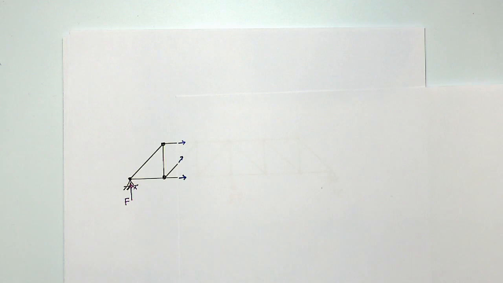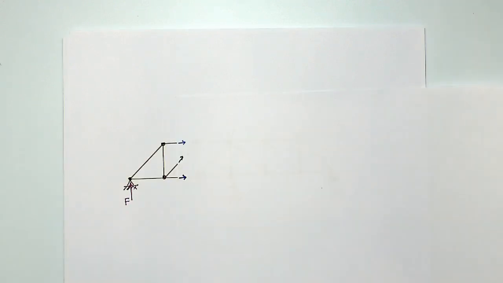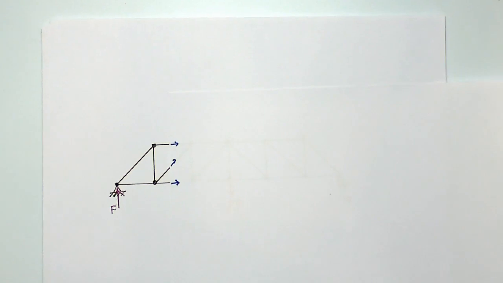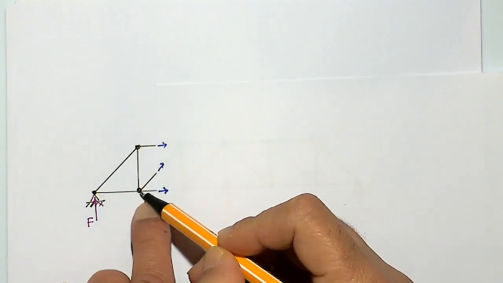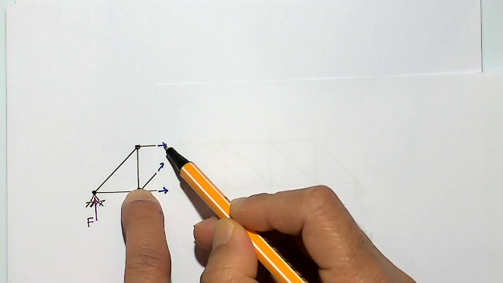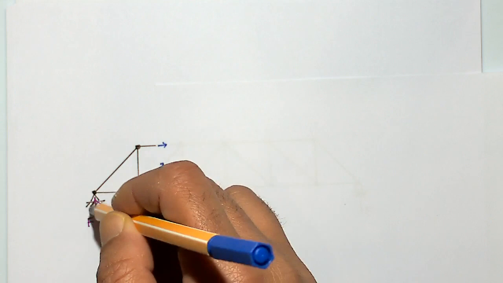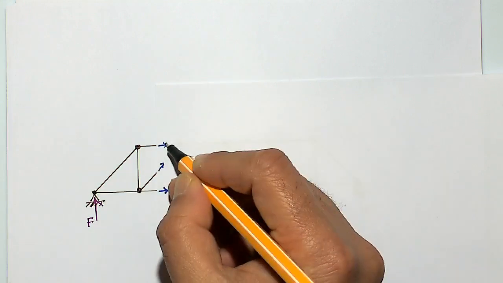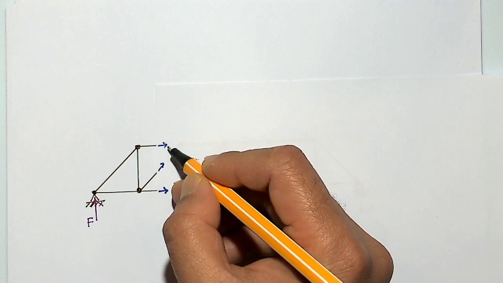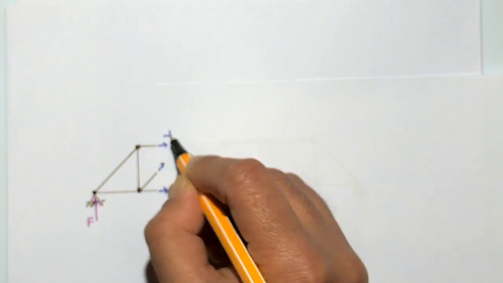Now, if these angles are 45 degrees, I mean this distance is equal to the top one, what do you think the forces would be from the top and the bottom? So if I take moment about this point, then this force times that distance would be same as this F times this. So what would be this force, you think? Minus F. So this force is minus F.